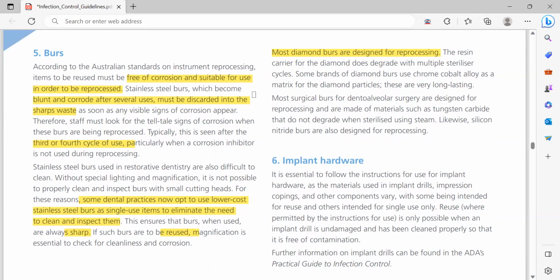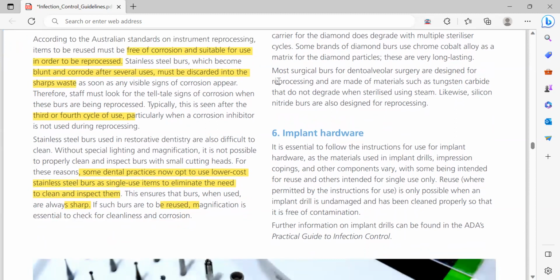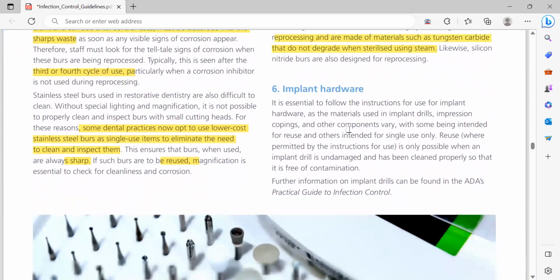So with stainless steel burrs, some practices have developed the approach where they just purchase low-quality burrs and discard them after use, but diamond burrs are more long lasting. Most surgical burrs for dentoalveolar surgeries are designed for reprocessing and are made of materials such as tungsten carbide that do not degrade when sterilized using steam.